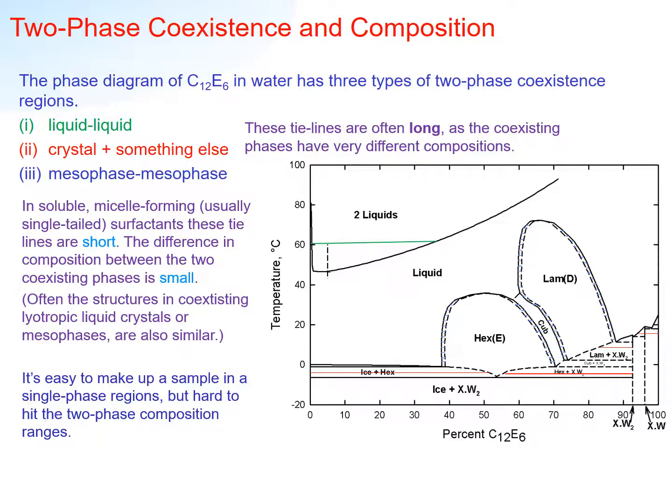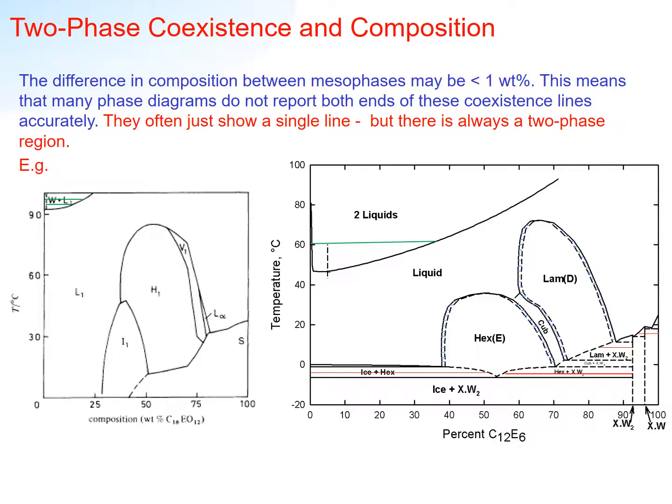The composition difference between those two sides of the phase boundary may be less than 1 weight percent, in some cases less than 0.1 weight percent. This means that many phase diagrams do not report both ends of these coexistence lines very accurately. They often just show them as a single line. So it's important to remember that there's always a two-phase region present.